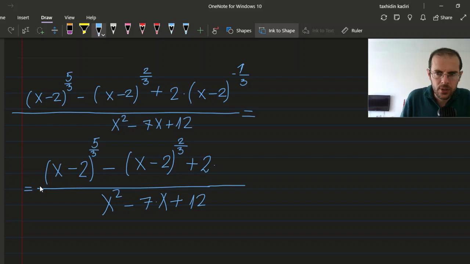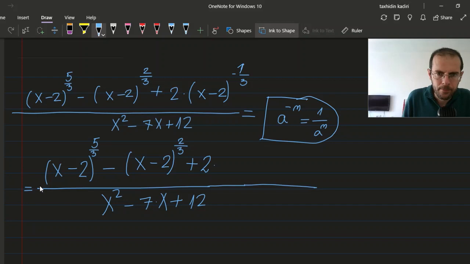Here we must use the formula a to the power of negative n is equal to 1 over a to the power of n. We must use this formula.